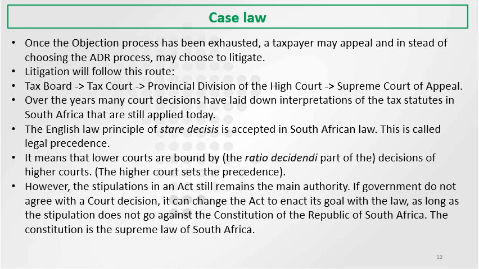And that submission is then quickly pushed through the parliamentary process. That is fine. There's nothing wrong with government doing that, as long as any stipulation, not just amendments, any stipulation in an act does not go against the Constitution of the Republic of South Africa, because the Constitution is the supreme law in South Africa.